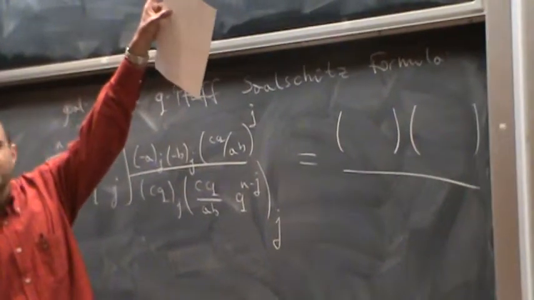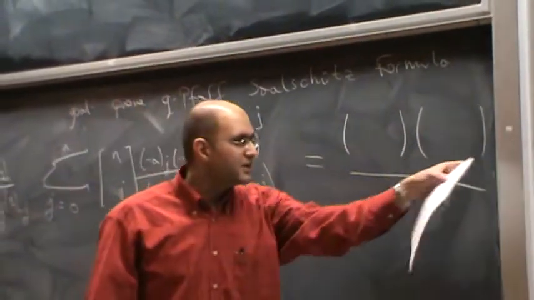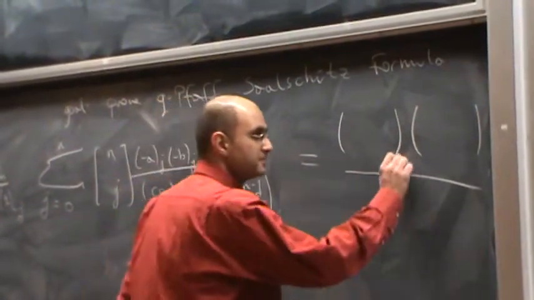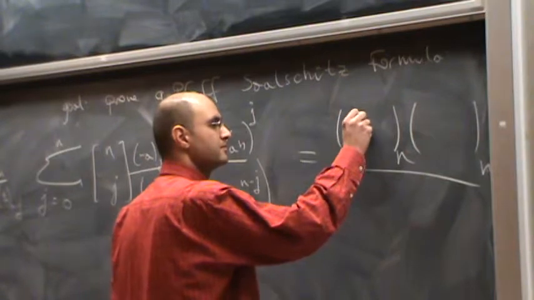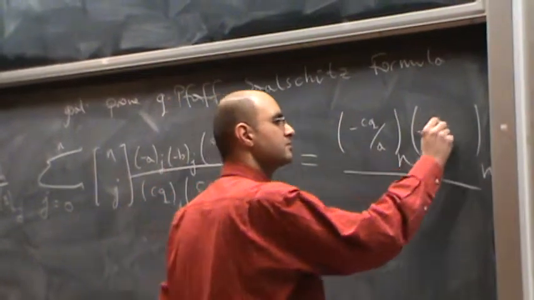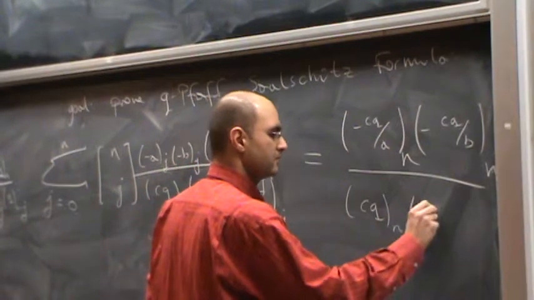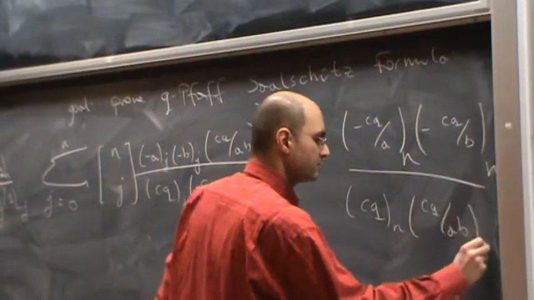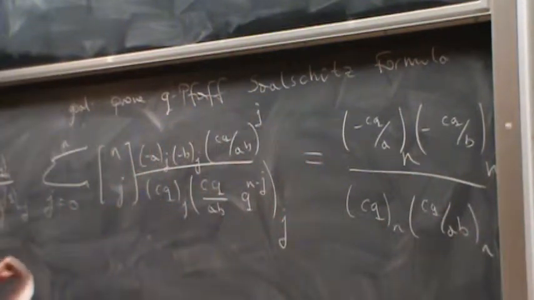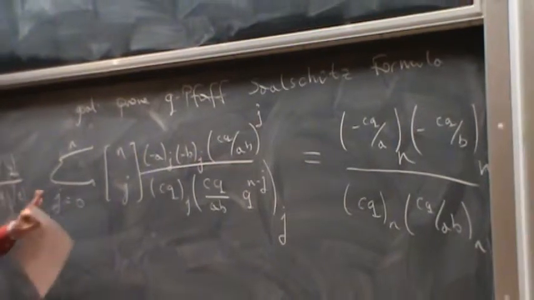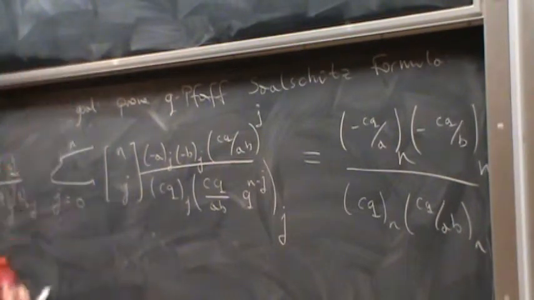Same parameters, except that these are finite products. When you take the limit as n goes to infinity, you get the q-Gauss summation.